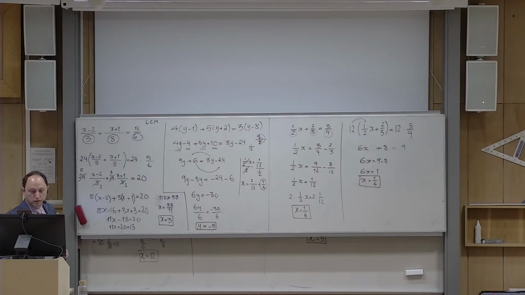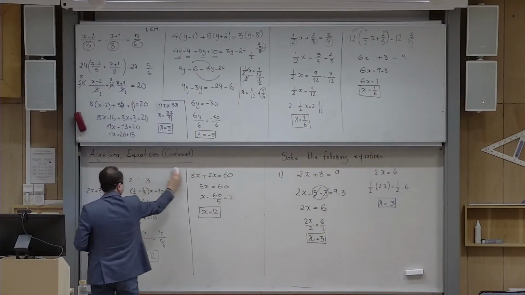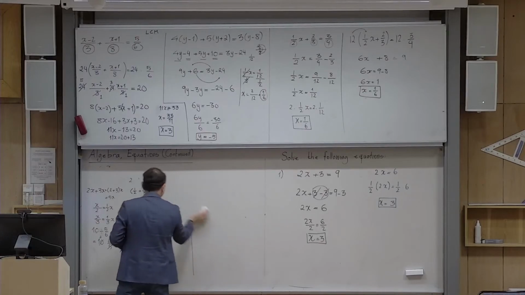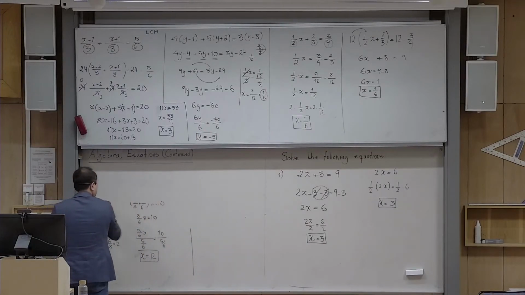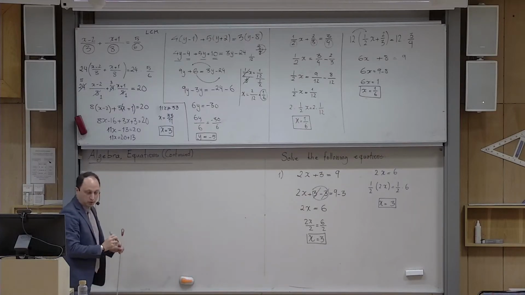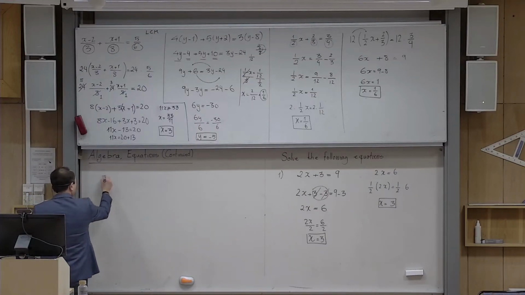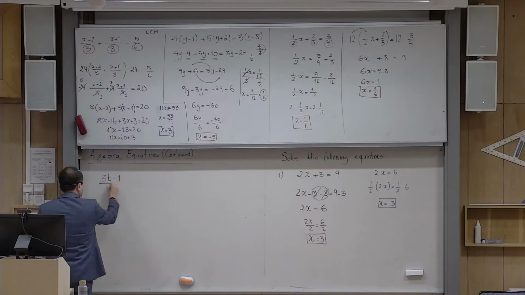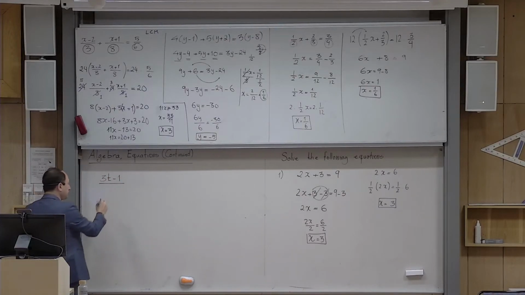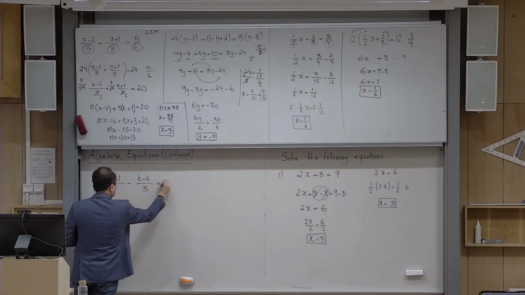To make sure that you understand this, I want to give you an example. Wait for you to solve it for me, okay? Okay, the question is this. I want you to solve this. I changed the name of the variable to get used to this. So 3 times t minus 1 over 5 minus t minus 4 over 3 is equal to 1.